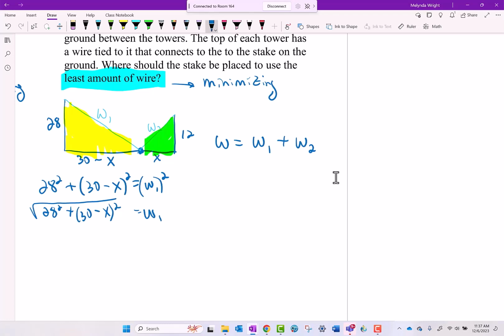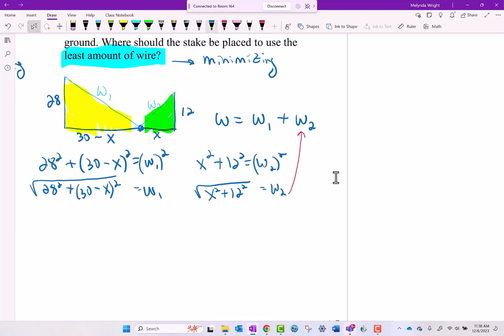In this scenario, we would say x squared plus 12 squared equals wire 2 squared. So wire 2 is going to be the square root of x squared plus 12 squared. Then we're going to sub it in right here for wire 2. Is everybody okay? All right, let's go ahead and sub that information in.